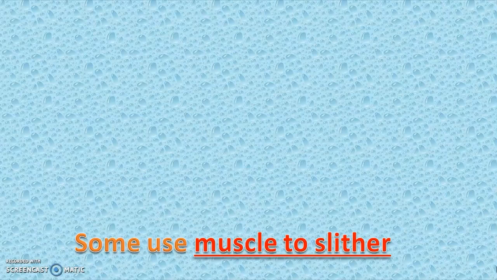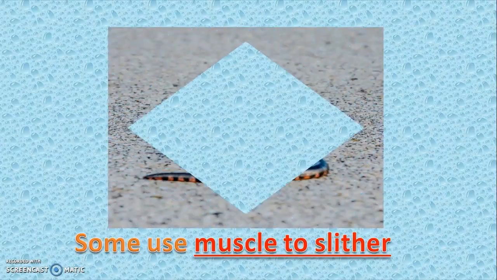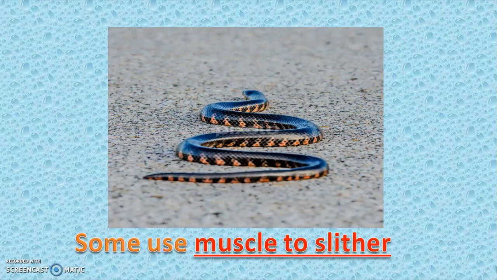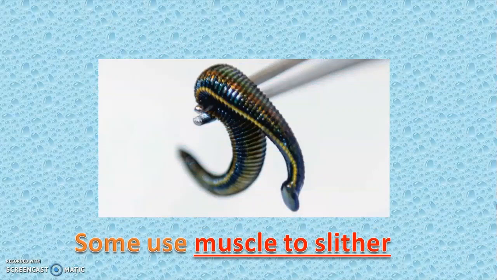Some of them have no legs and then they use their muscles to move like this. That is how the snake moves. They use their muscles to slither. This one is the leech. They're using their muscles to swim and to move also in the water.